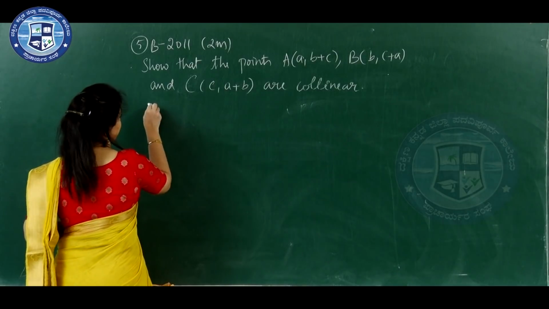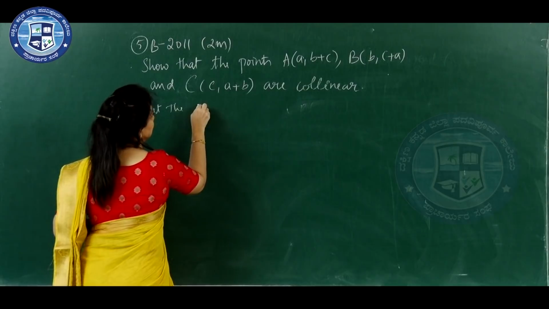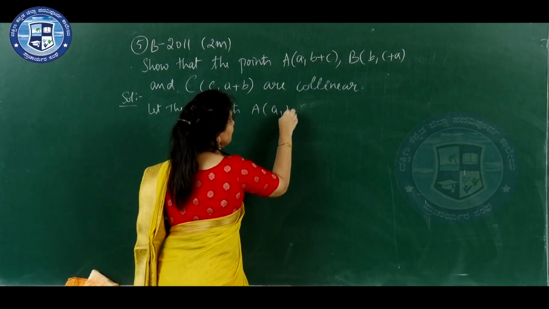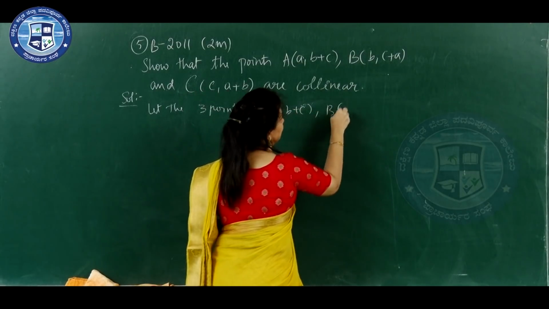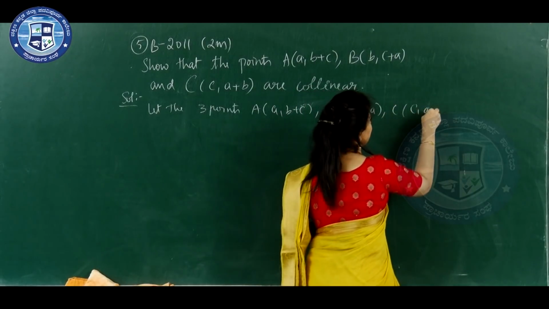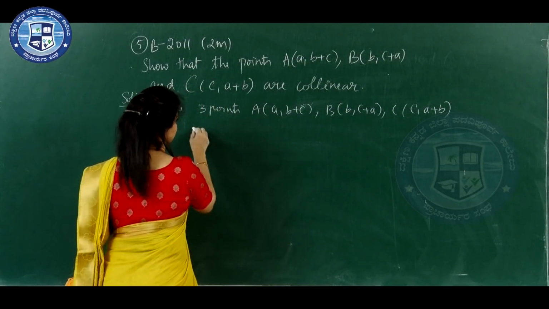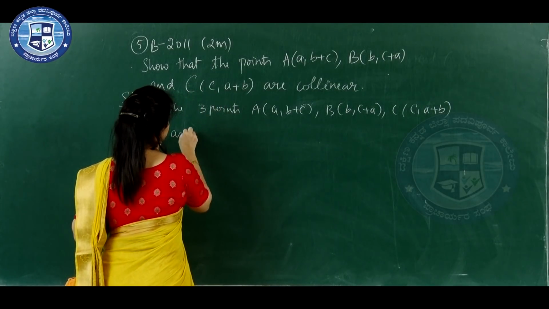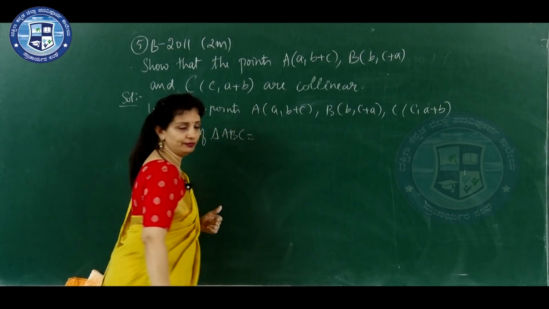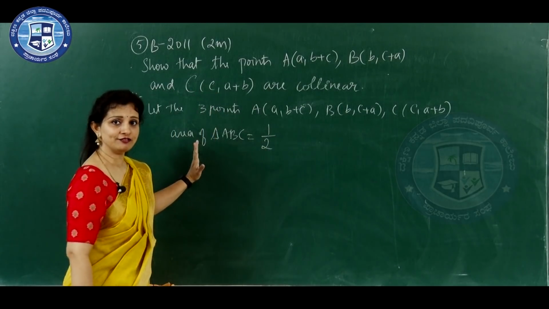Let the 3 points be (a, b plus c), (b, c plus a) and (c, a plus b). So, for the triangle formed by joining the 3 points, the area of triangle ABC is equal to half into the determinant, and you have to prove it is equal to 0.